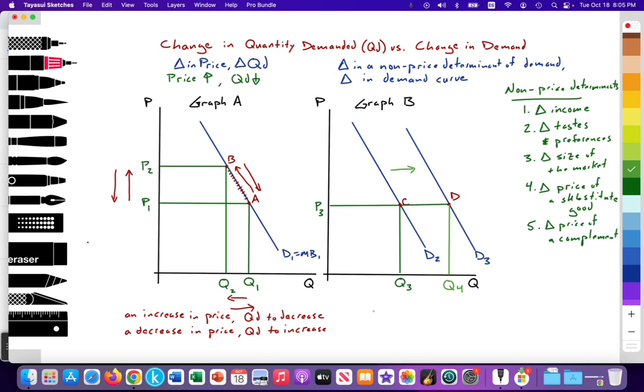So if I say there's an increase in demand, for example, in this case of the demand curve shifting from D2 to D3, that language of an increase in demand is a result of a non-price determinant that's affecting the demand curve because price is being held constant at P3. So an increase in demand is a result of a change in a non-price determinant.